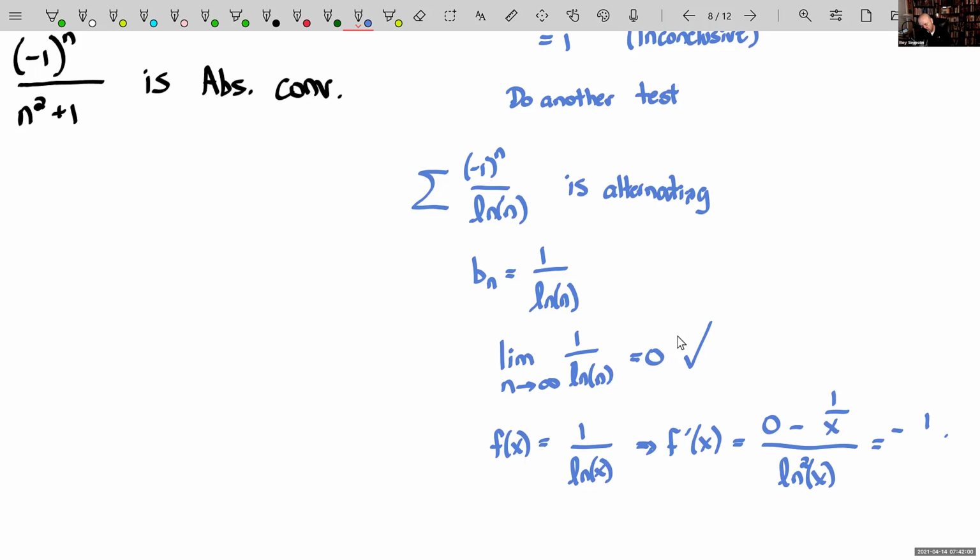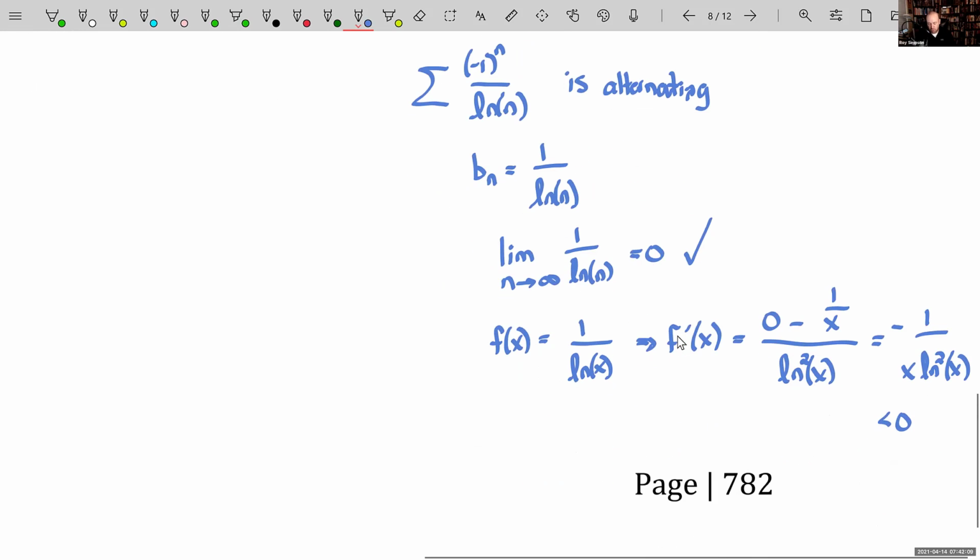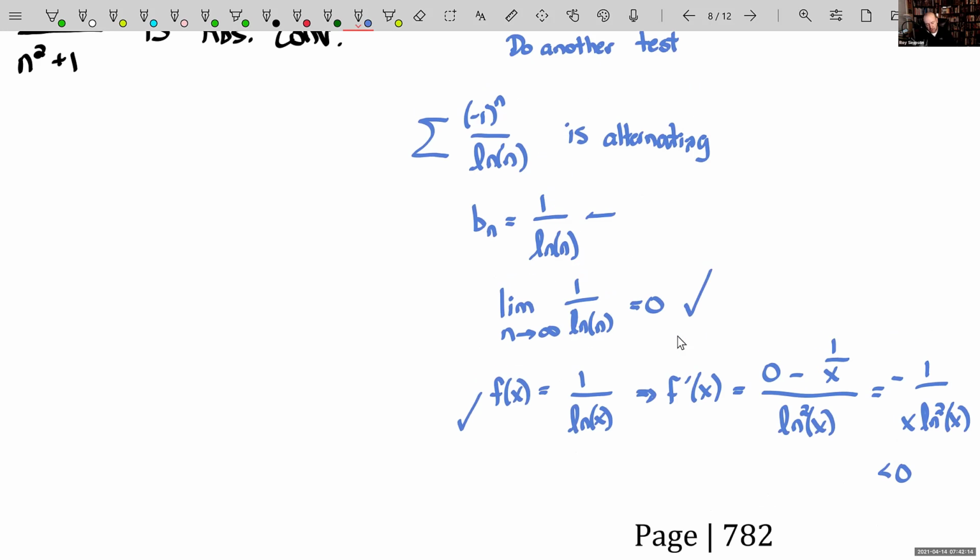So that'd be a negative 1 over x natural log squared of x, which is less than 0 for x greater than 0. So we know that the non-alternating sequence here tends to 0 and is decreasing. So that implies convergent by the alternating series test.